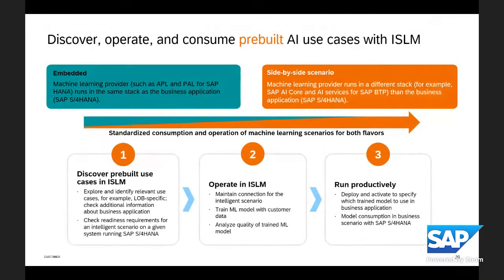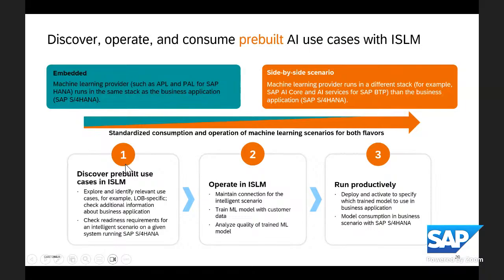So, having said that, I briefly wanted to cover how you can leverage these pre-built AI use cases. Both embedded type and side by side are supported within ISLM, and typically the process can be divided into these three phases. I think I already spoke about the exploration phase.